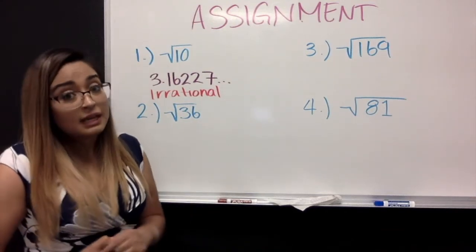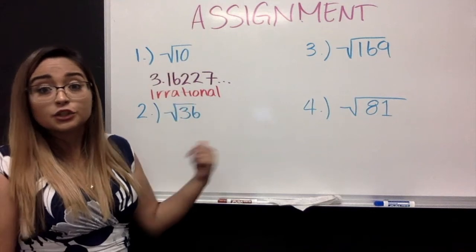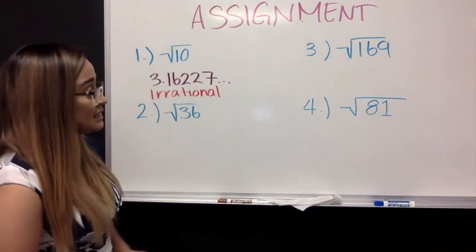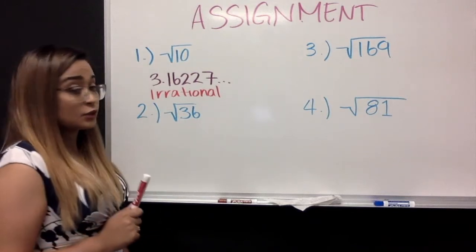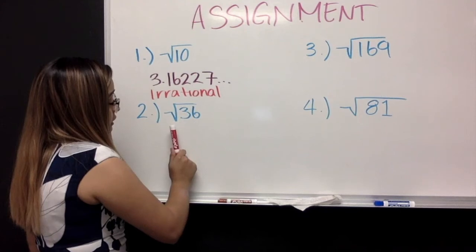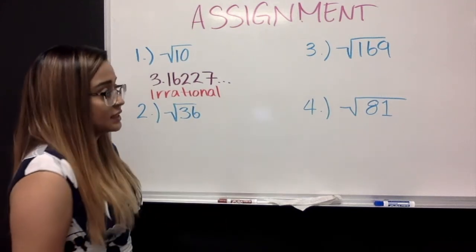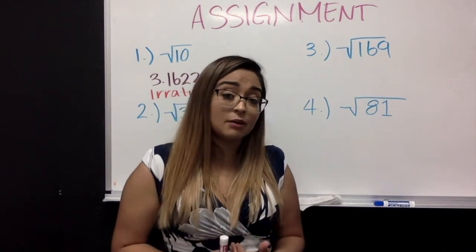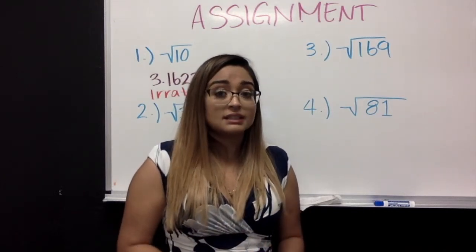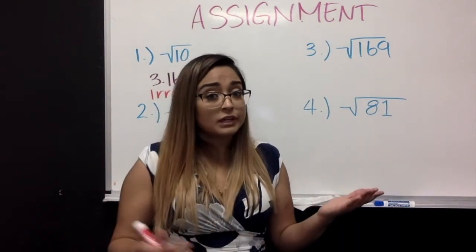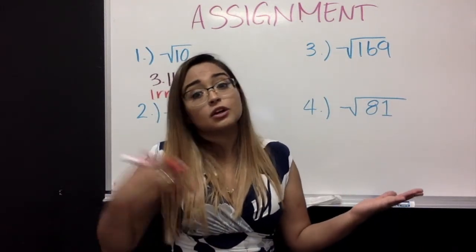Now, it might be the same case for these other 3 problems, and it most likely might not, okay? So, I need you to find the square root of 36, 169, and 81. And you also have to tell me whether the number is rational or irrational. Remember, what numbers are irrational and what numbers are rational.